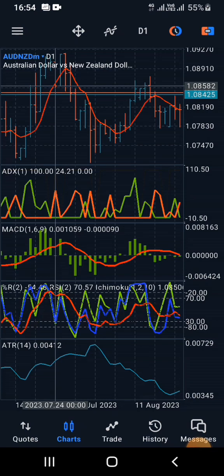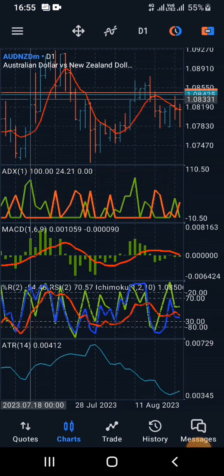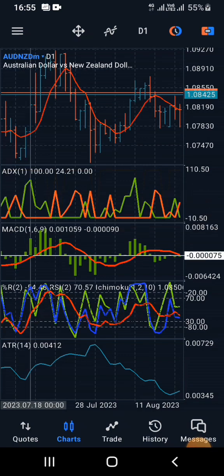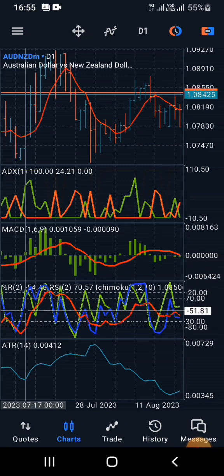Now the determination of the long or the short movement will be based on the other indicators. What do I mean? If, for instance, here we have a moving average, say we are going long, and the ADX confirms that that is a long position, and our MACD confirms that we are in a long position, and the percentage R and the RSI combined with the Ichimoku tell us we are in a long position, definitely we go long.